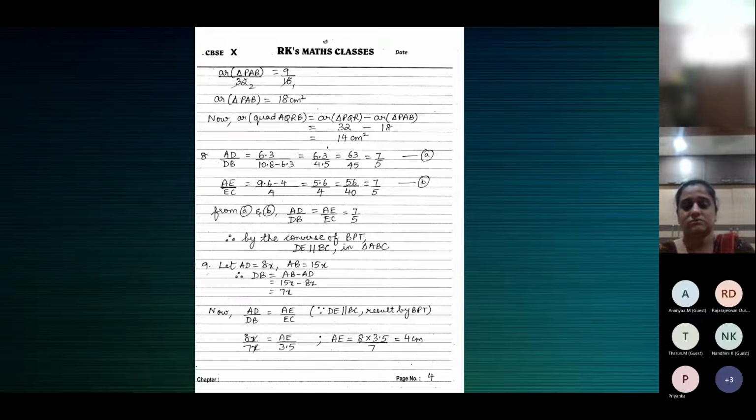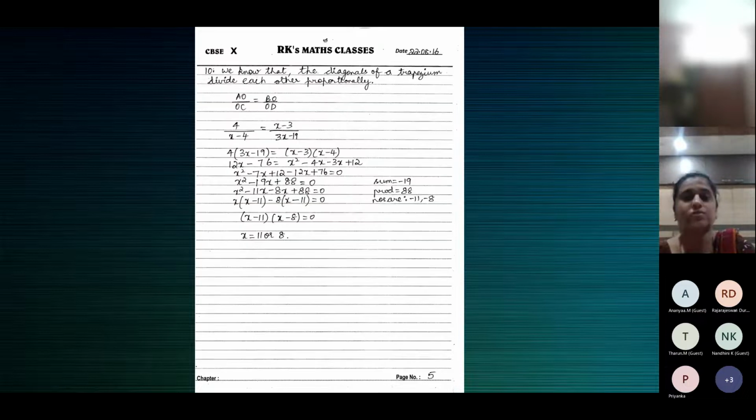I also got x is equal to 11 or 8. Very good. Okay, so this was the 9th answer. See the 10th one here.